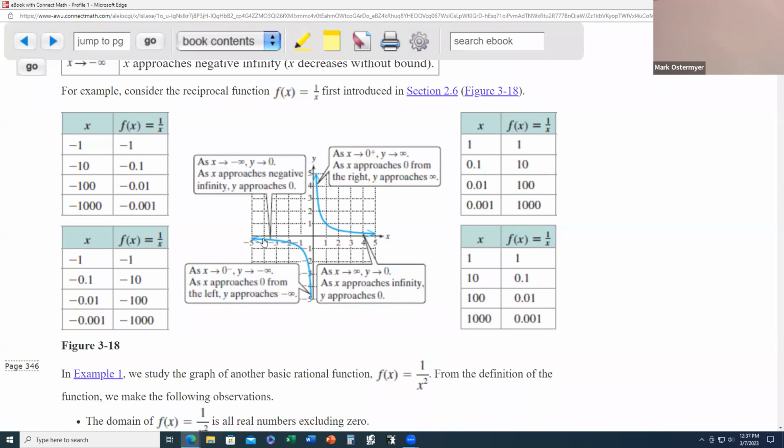And they're actually approaching 0 from below 0. In other words, this graph is approaching the x-axis from below the x-axis, not from above, as x approaches negative infinity. For that reason, technically, we really should use a little minus sign up here on the 0. That indicates that y is approaching 0 from below.